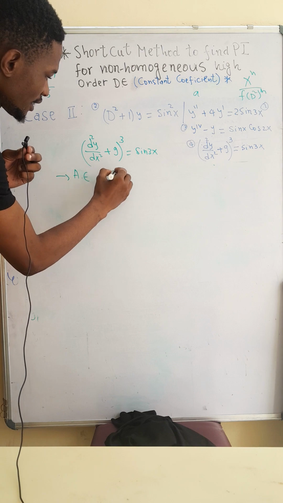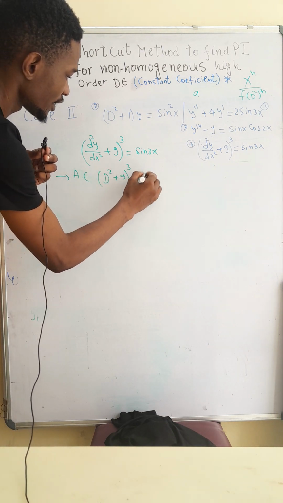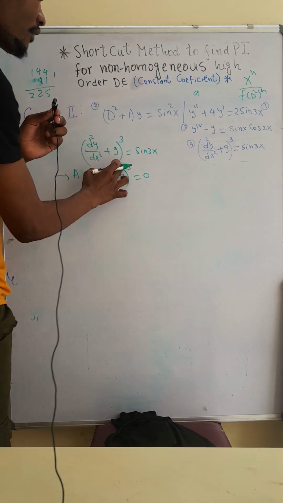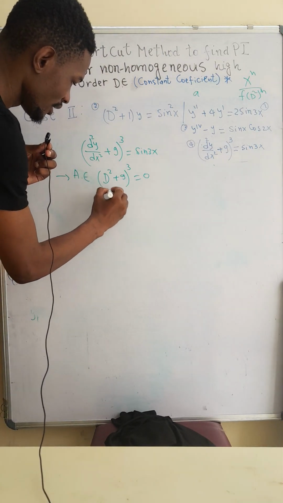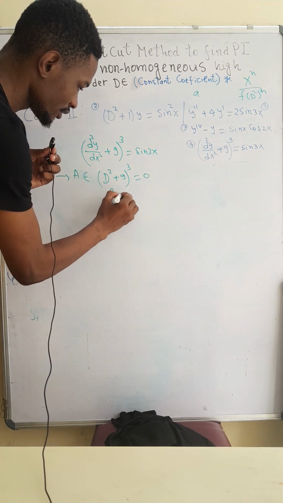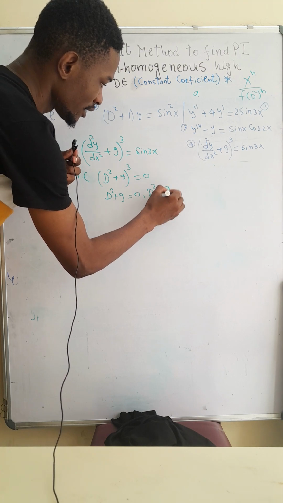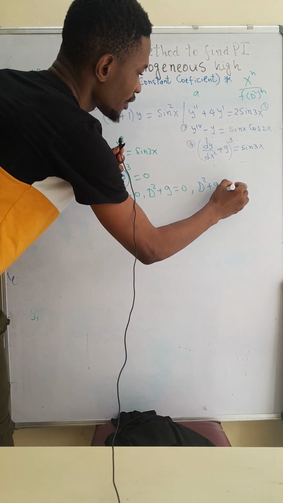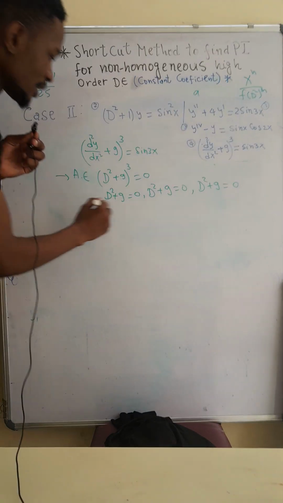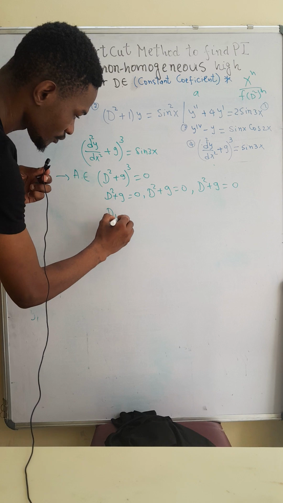This will be (D squared plus 9) cubed is equal to 0. Now here we have to find all the roots. It will be D squared plus 9 equal to 0, D squared plus 9 equal to 0, and D squared plus 9 equal to 0, 3 times.